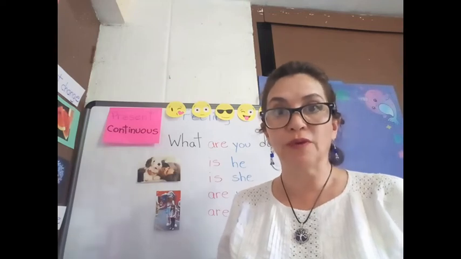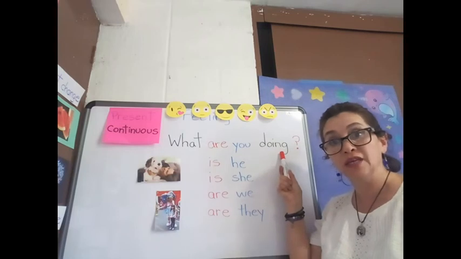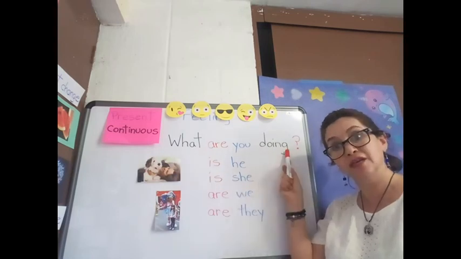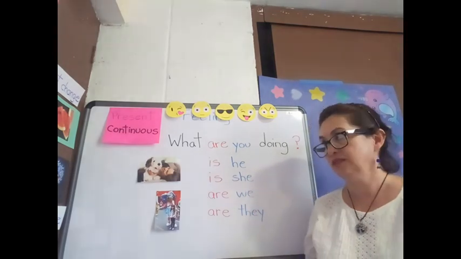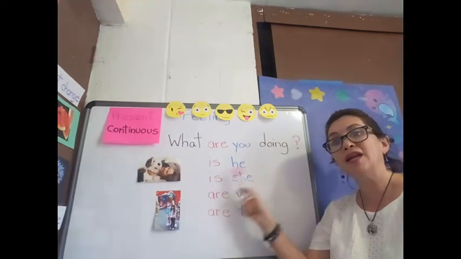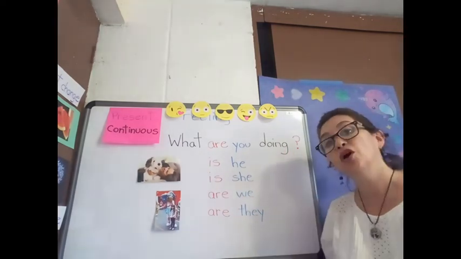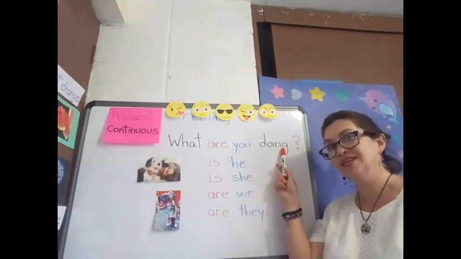The present continuous form is also used to know what people are doing right now. We can ask questions like this. What are you doing? I want to know what you are doing now, at the moment. Or we can ask, what is he doing? What is she doing?